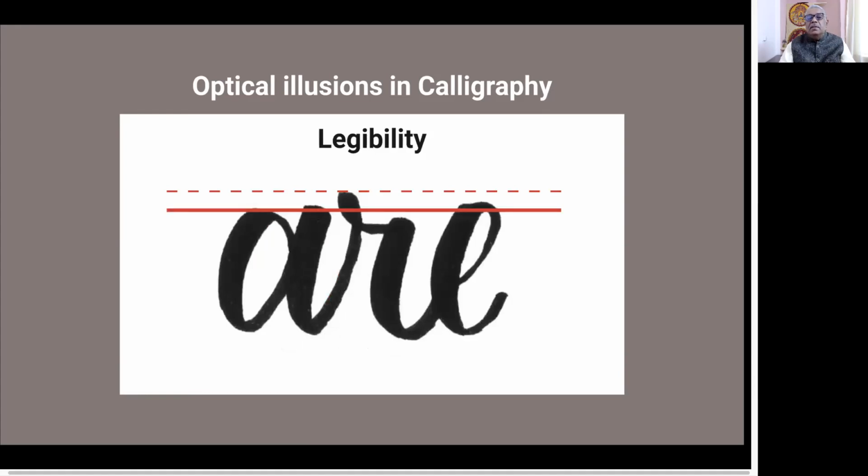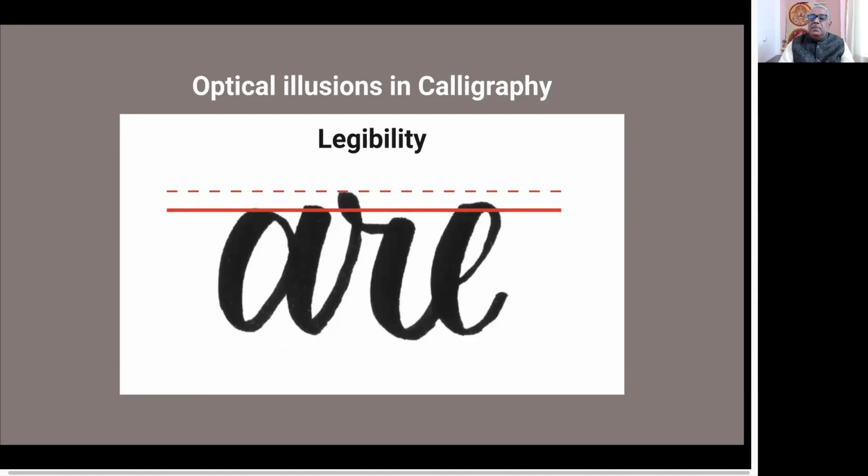And another interesting thing about brush pen calligraphy is that some of the characters shoot above the x-height deliberately, but it creates an illusion of being at the same height, and it is done deliberately to improve the legibility of the character. Lowercase r is a very good example of that.